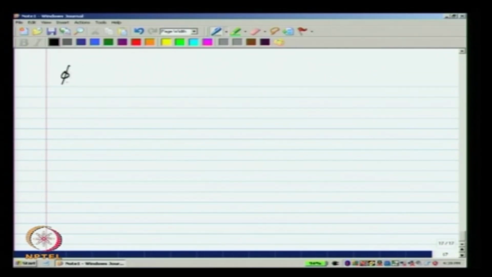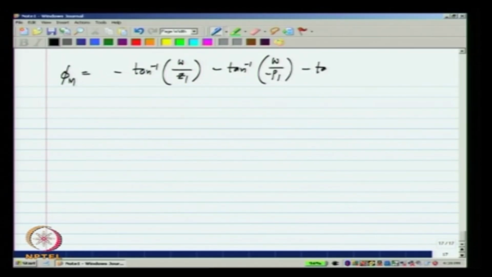The phase margin is the total phase lag, which is minus tan inverse omega by z1 minus tan inverse omega by p1 minus tan inverse omega by minus p2, okay, plus 180 degrees. It is the distance from 180 degrees. So, first of all, what omega are we talking about here?